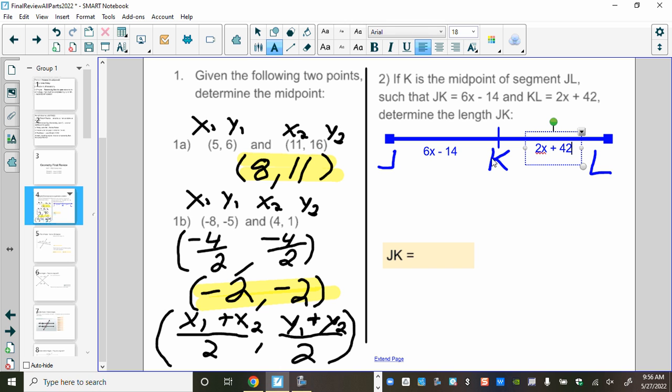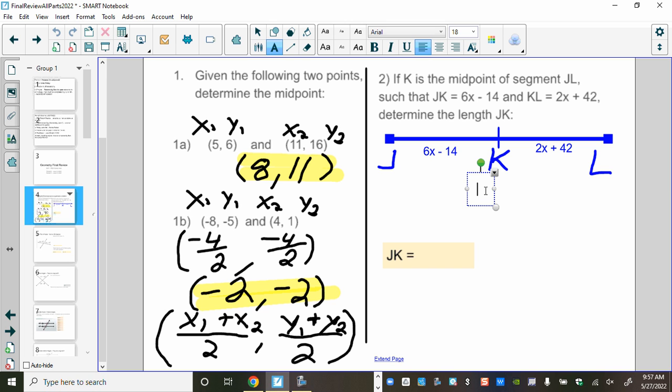What do we know about the relationship between JK and KL? Since K is the midpoint between J and L, what will it be? They're congruent, that's right. So since they're congruent, what's our setup? First we have to solve for x. That's what I forgot to tell you all. And now you know.